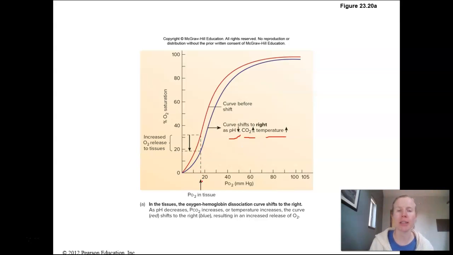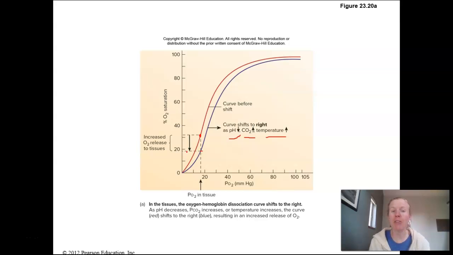And this is what I really liked in your book, right? So notice what happens here. In that normal curve at whatever this PO2, the partial pressure of oxygen, say like 18, you might have been, what is that, 32% saturated. But as soon as we're exercising, you can have the same partial pressure, 18, but notice now how much more oxygen is getting delivered.